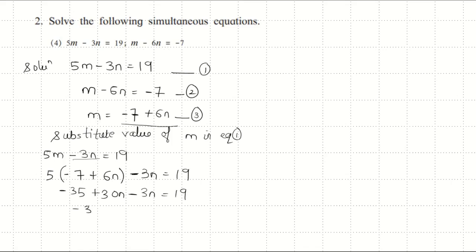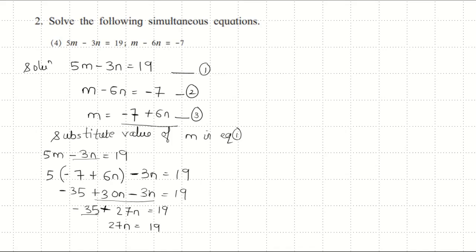So minus 35, here both have n common. So plus into minus, we need to subtract, and the sign of the bigger number will take place. So the sign of the bigger number is plus, 30 minus 3 is 27, and n will remain as it is, equal to 19. So 27n is equal to 19.